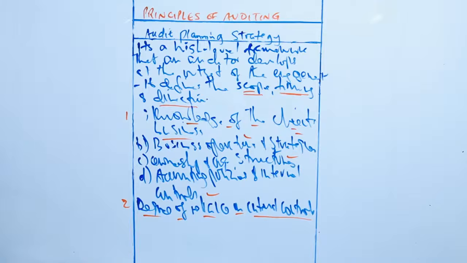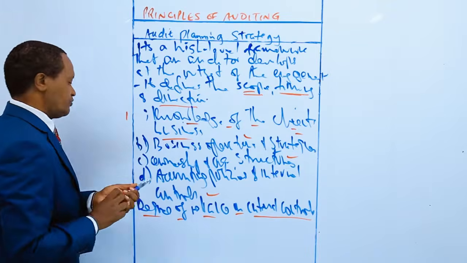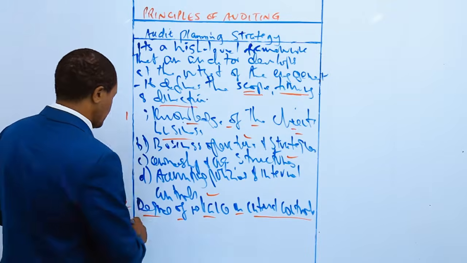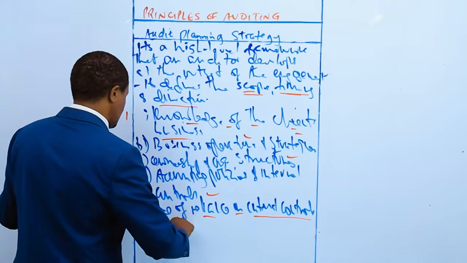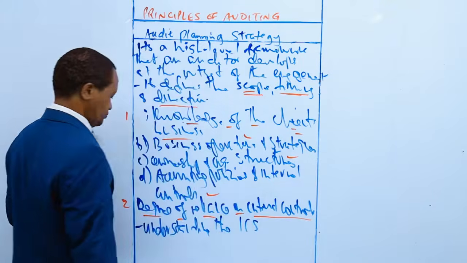So the auditor's assessment of internal controls involves understanding the internal control system first of all.